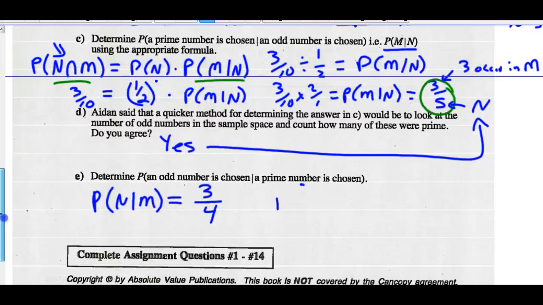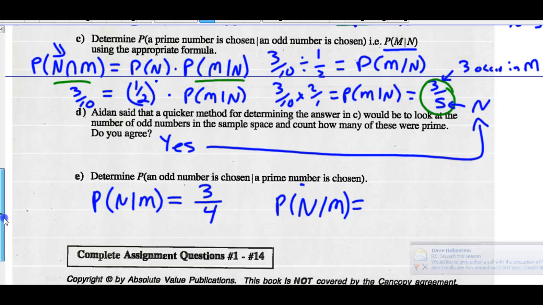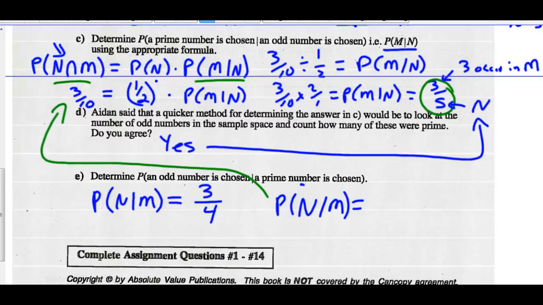What about the probability of N given M if we use formulas? All right. I think that takes a little longer. So this is the quicker way, but if we look at what we did up here, using formulas, the probability of N given M should be the probability of M intersect N divided by the probability of M. So let's see what that gives us.